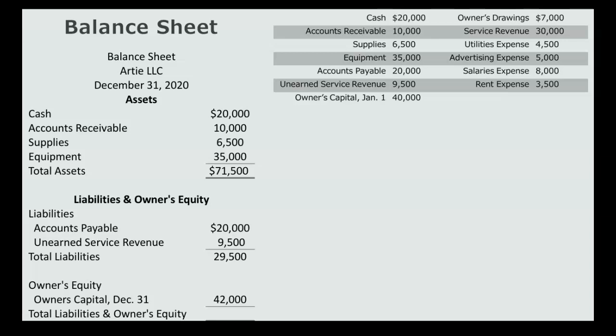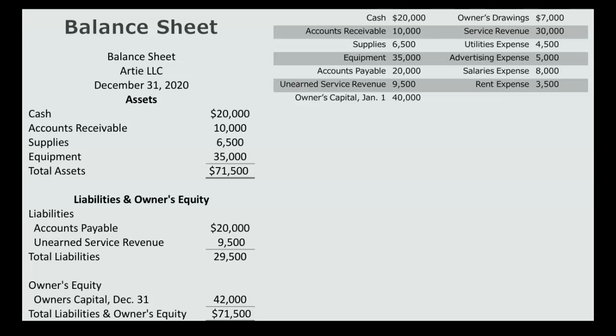So for your final line of the balance sheet, it's going to be your total liabilities and owner's equity. So what we need to do here is we need to take our total liability amount of $29,500 and add in our owner's capital of $42,000.